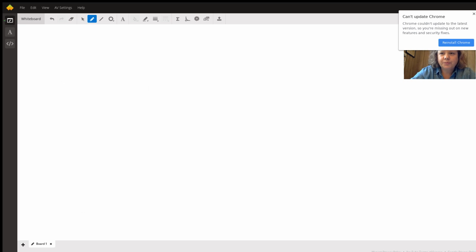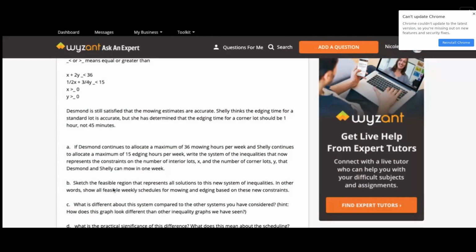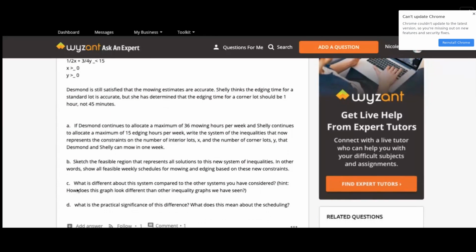And your answer to that question is going to depend on what you have seen before, because for part B, there's your sketch. You saw your sketch. And C, I haven't seen the systems you've seen before, so I'm not exactly sure how to answer that, but hopefully you can compare this graph that we just looked at to what you've seen before.